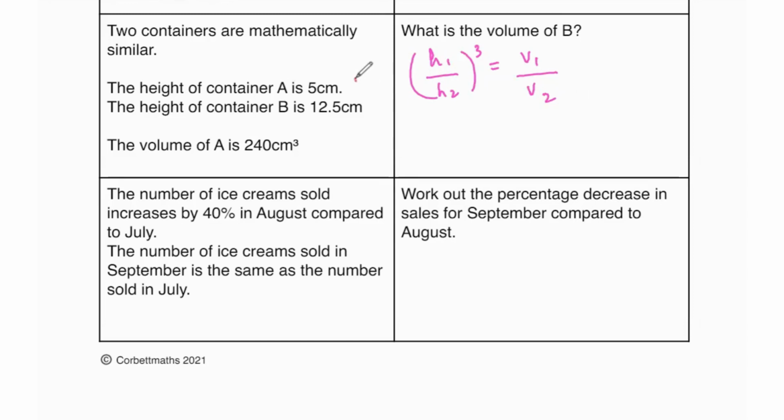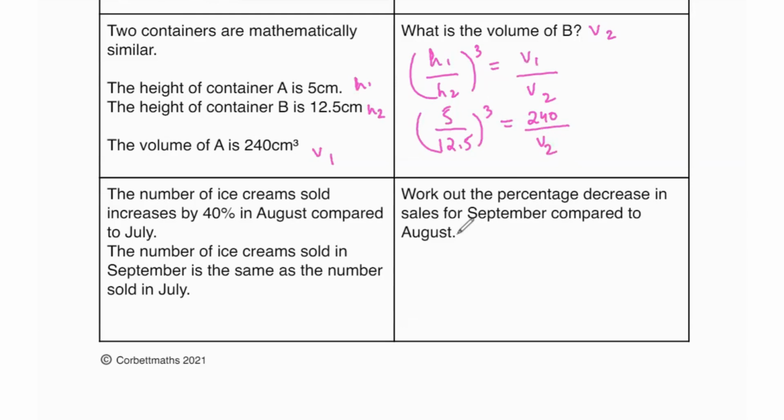So over here, this is going to be h1, h2, this is volume 1, and this is volume 2. So it's going to be 5 over 12.5 cubed equals 240 over volume 2.